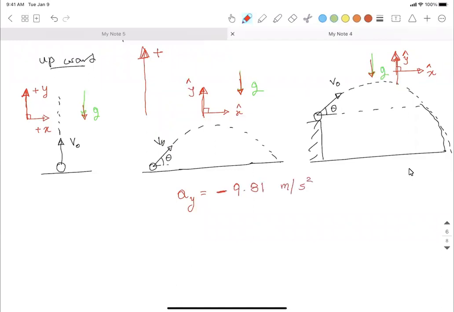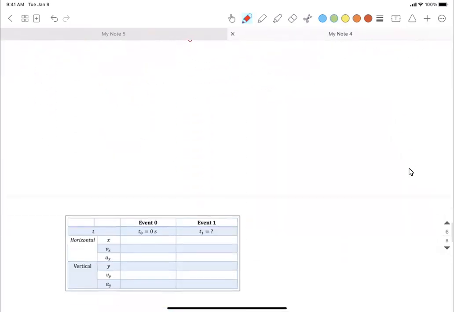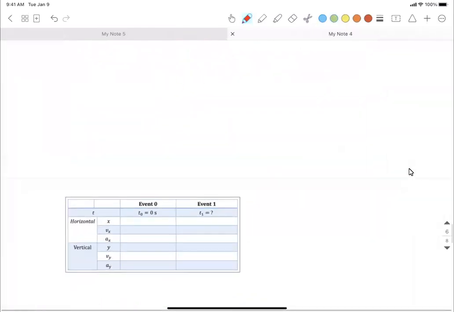This negative sign comes because the gravitational acceleration, in any situation here, is opposite to the vertically upward positive direction.